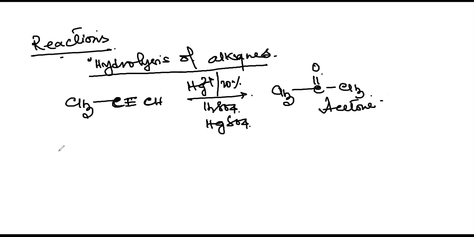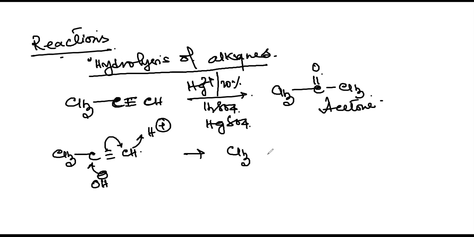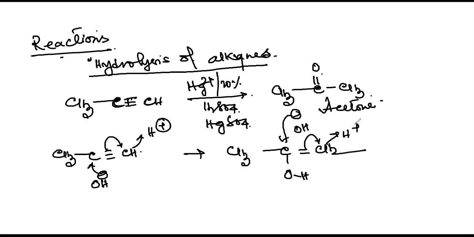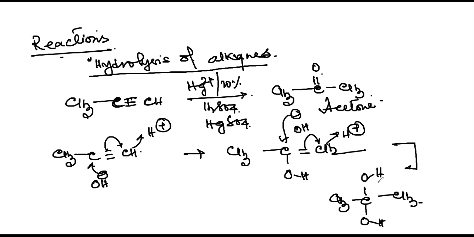How to do this? You can see here, CH3C triple bond CH. OH minus attacks here, bond goes here, it will get the H plus. So the first step is this OH minus double bond CH2. Again, OH minus attacks here, bond goes to here, it will get the H plus, and the structure will be CH3, C, OH. Here it is an OH, here it is a CH3. One carbon with two OH groups cannot be possible.